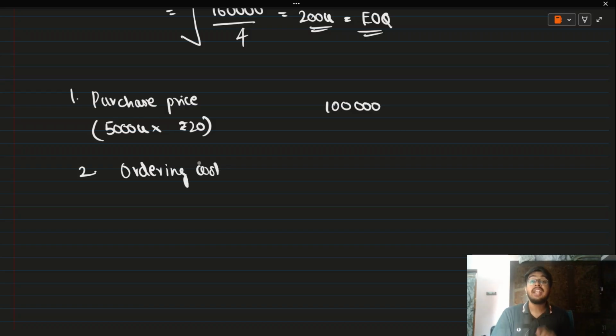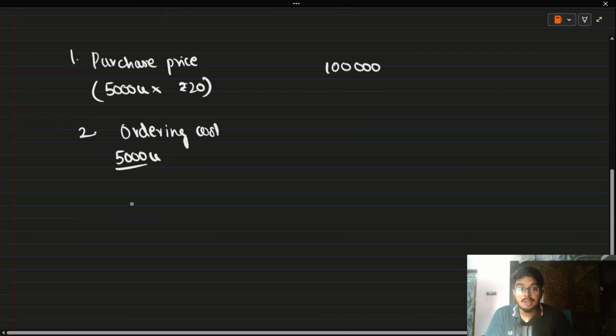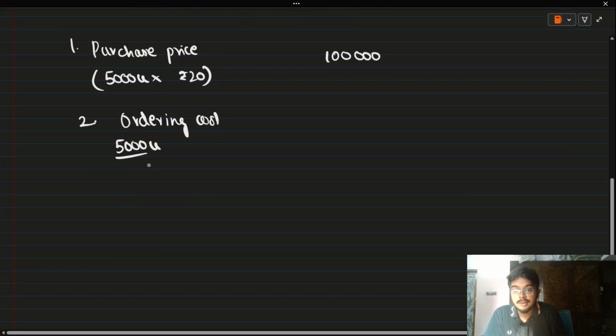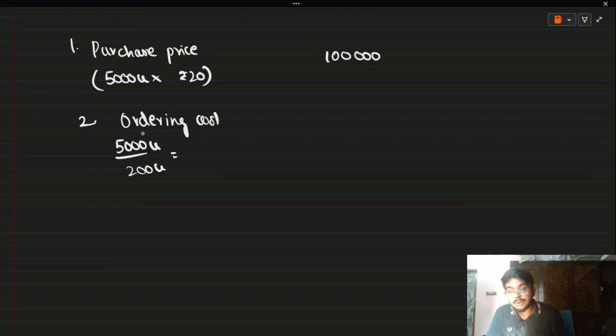For this we need to find the number of orders. What is our annual demand? 5000 units. And what is our EOQ? 200 units. Am I right? Yeah, 200 units. 5000 divided by 200 comes to 25 orders per annum. What is the ordering cost? 16 rupees into 25 comes to 400.